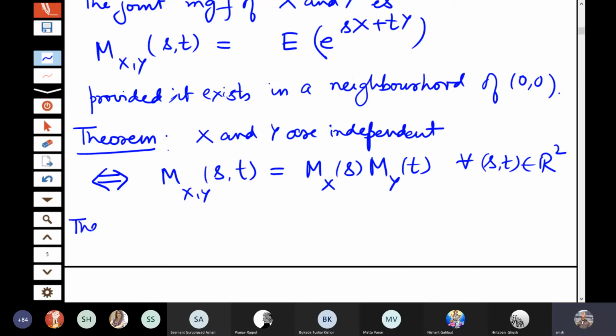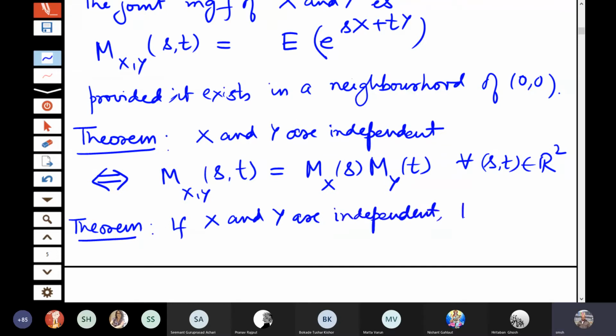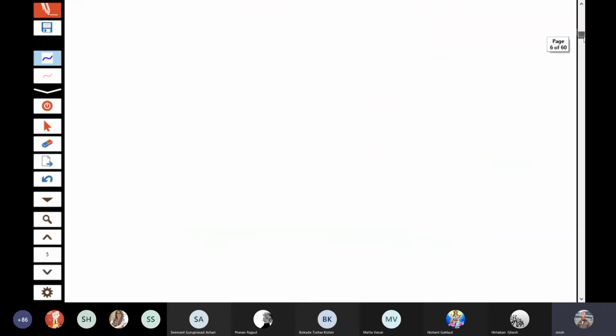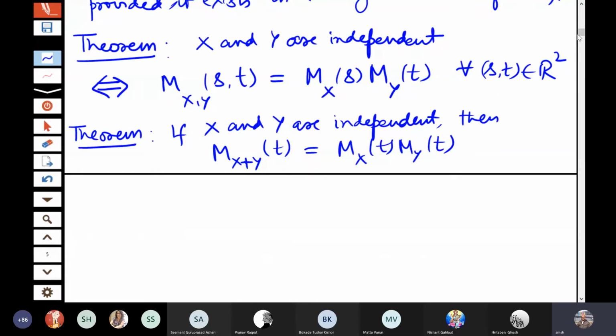Similarly, if x and y are independent, then the moment generating function of the sum is equal to the product of the individual MGFs, which is a very interesting result, and I will show you how it is useful for deriving various properties of the distributions.